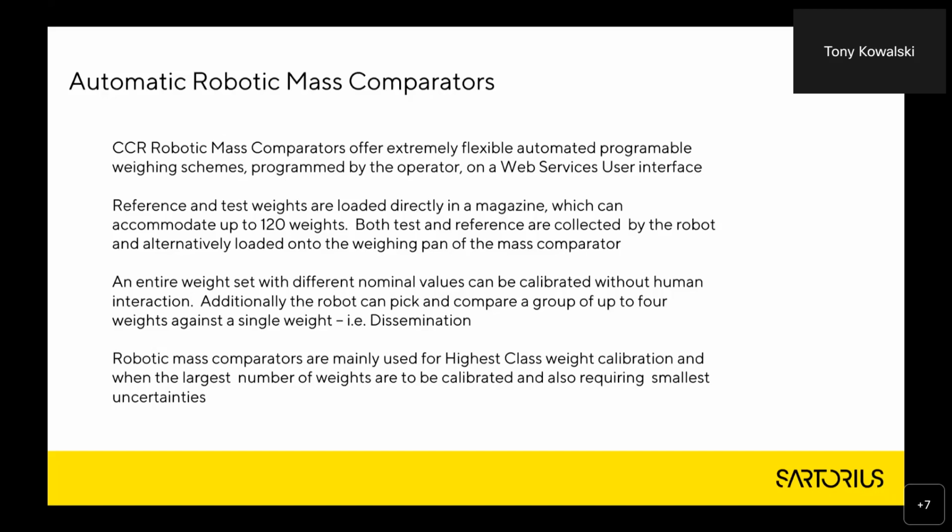The robotic comparators, again, are mainly used for the highest class of weight determination, mostly E1, E2, but also for F1 calibrations. The limiting factor for automation is that they become very expensive if you're trying to calibrate the M class weights or F2 class, because the cost to set up is much higher and it would be very difficult to have a return on investment.